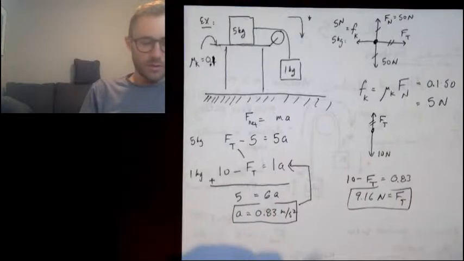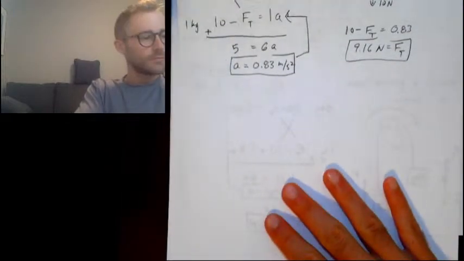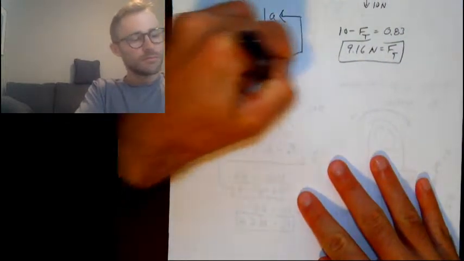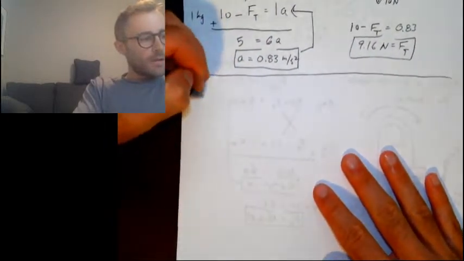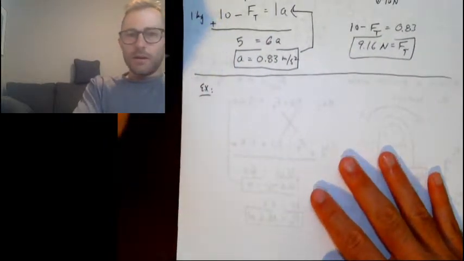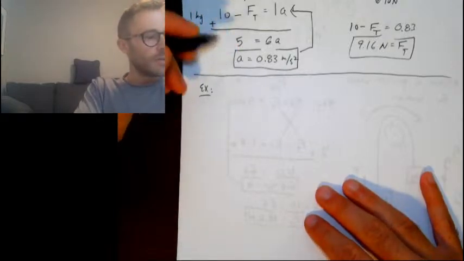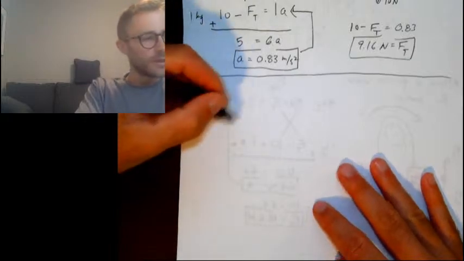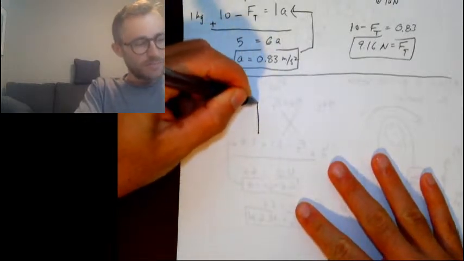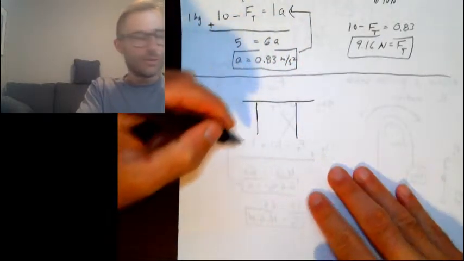We're going to do one more example just to make sure that y'all understand. All right, so the last example I want to do is we have una mesa y un piso.